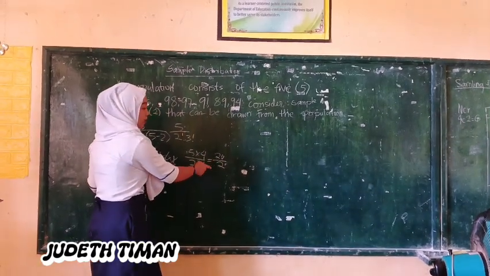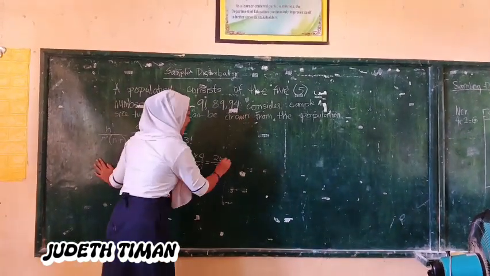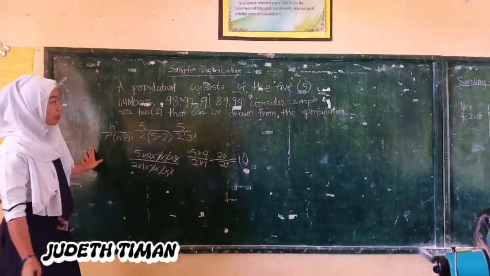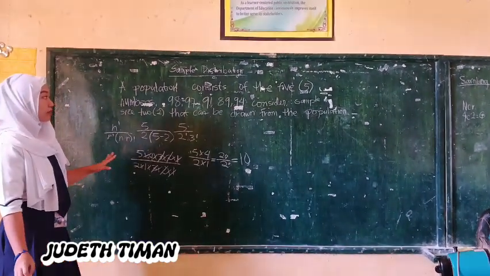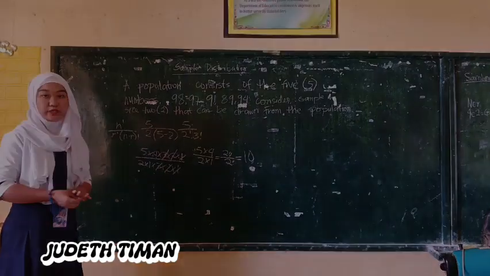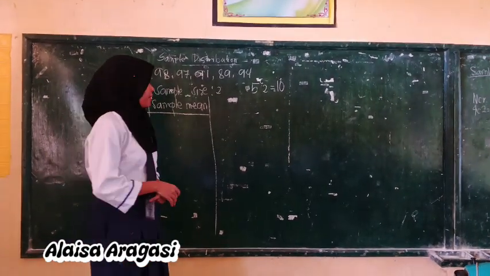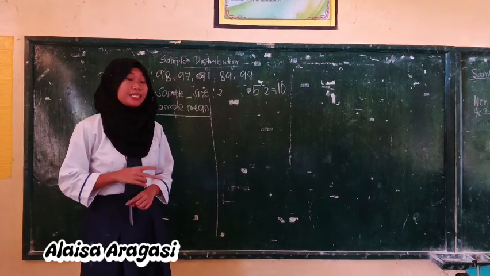Divide and we get the answer of 10. Therefore, we can draw 10 possible outcomes from our population. That's it. Now we've already done step 1, so let's proceed to step 2.